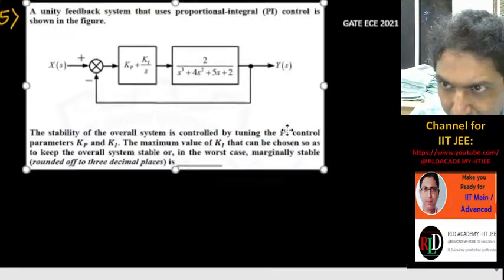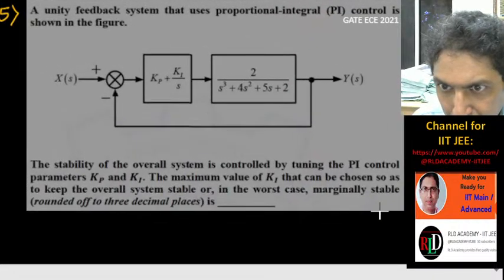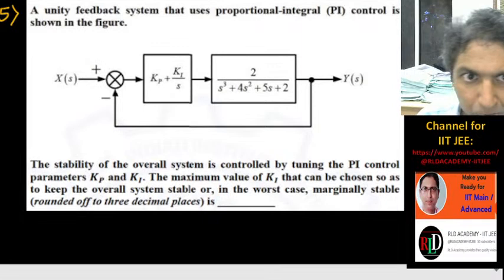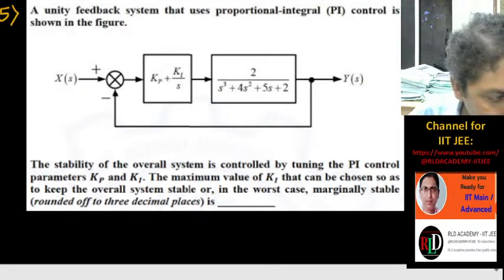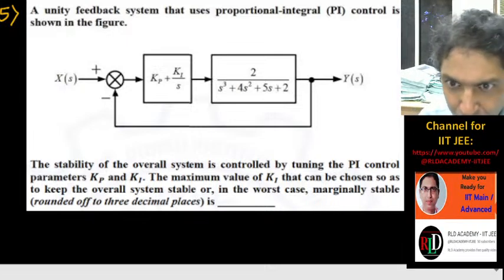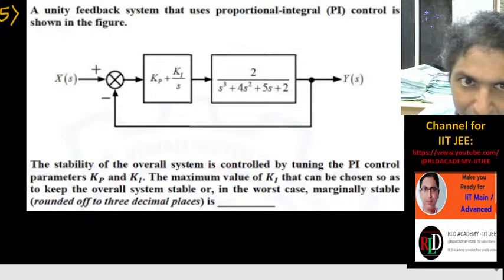So this is a 2021 GATE problem. Just go through this problem carefully and try to solve it. It's again one difficult problem. So I have one system.